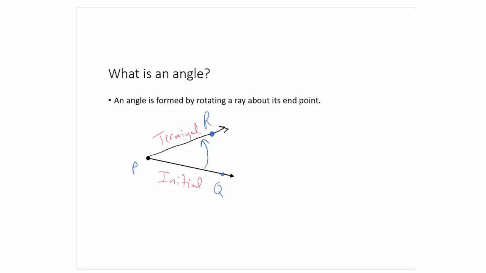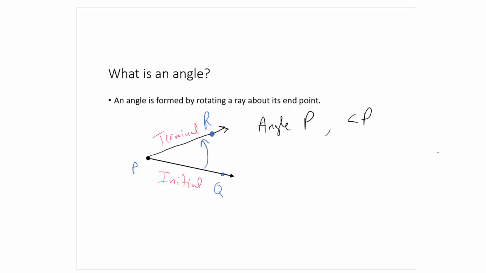Now, we can name the angle many different ways. Given the symbols that I've already put up there, I could call the angle P. I could also write it using these symbols. That's not a less than. We'll use that in this context to mean angle.